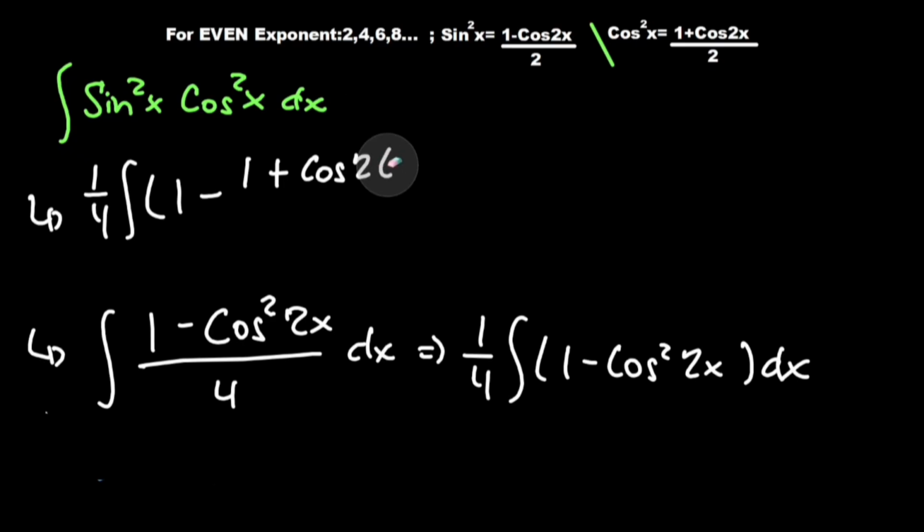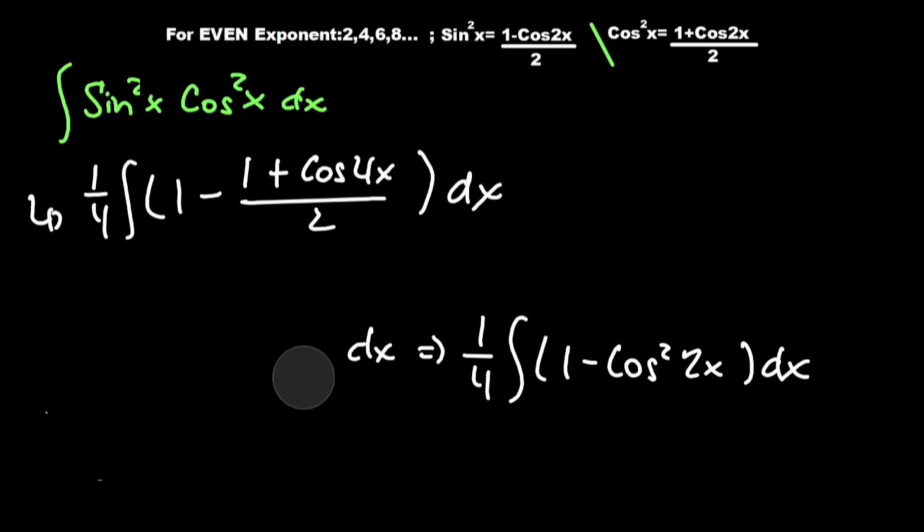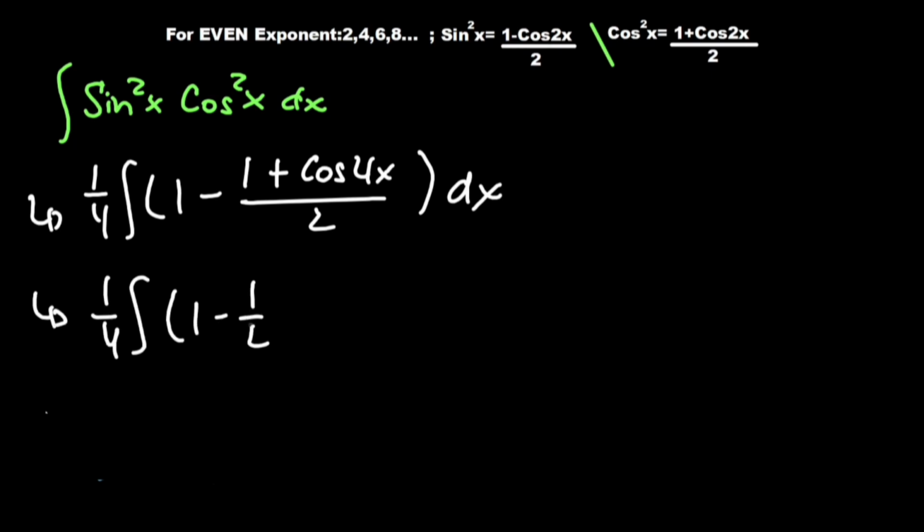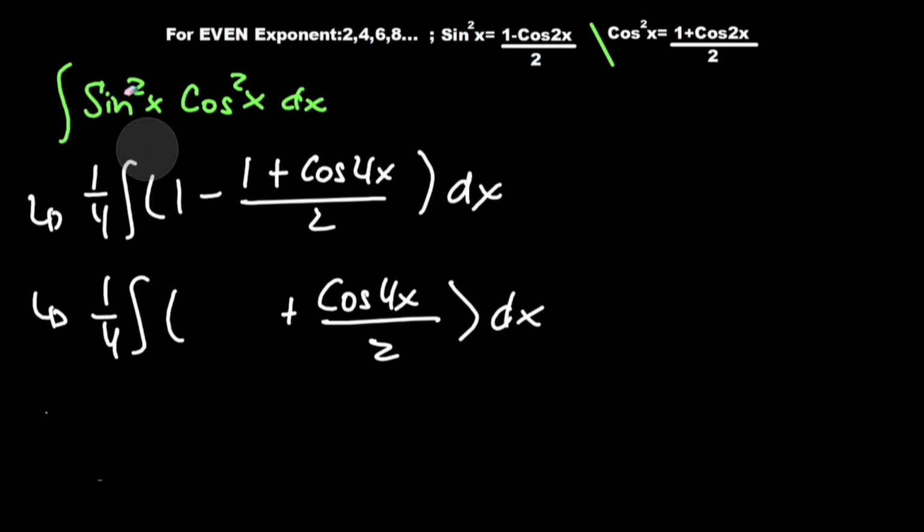So this would be 4x over 2 dx. One minus 1/2 would be simply positive 1/2.